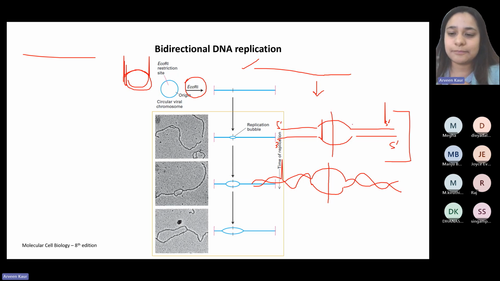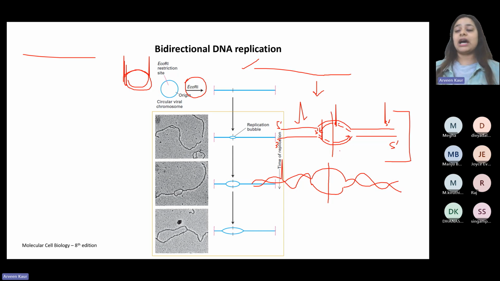So that means in this top strand, this will be the leading strand in 5' to 3' direction, and the other one will be the lagging strand. Consequently, in the other one, this will be the leading strand and this will be the lagging strand. That is how this will continue.